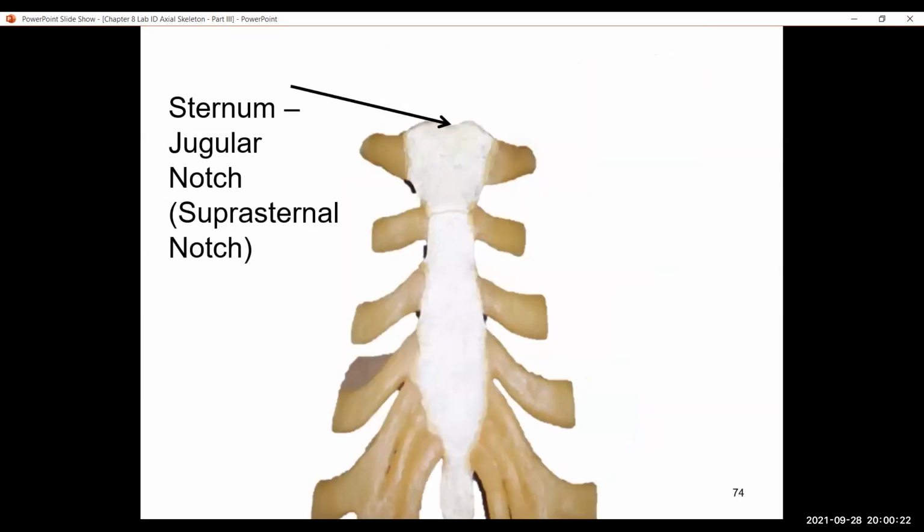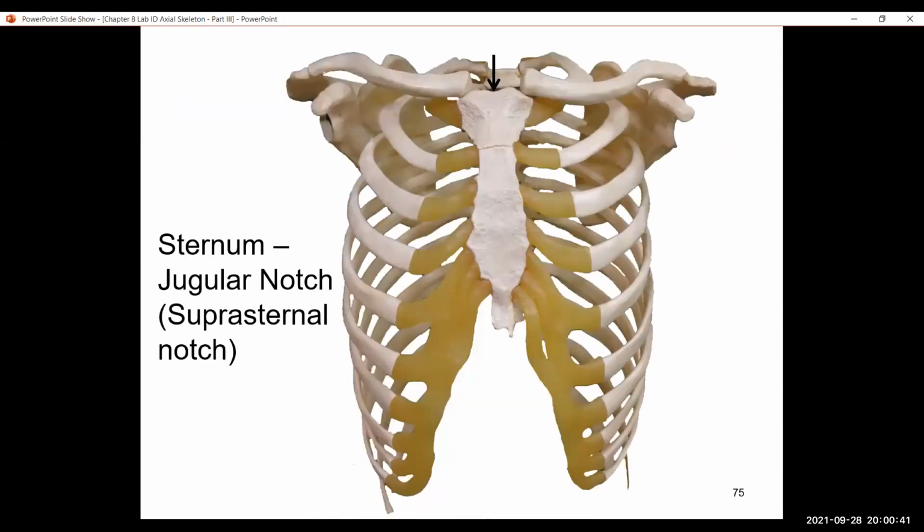So you have this little depression. Okay, it's a notch-like structure, so we call it the jugular notch or the suprasternal notch. It's located between your 2 clavicles or your collarbones, so you can feel it. Feel your collarbones and go right there in the middle, and you'll feel this little dip there. Okay, that's the jugular notch or suprasternal notch.